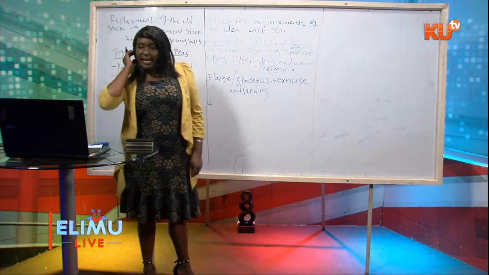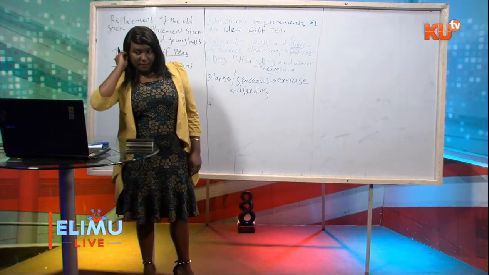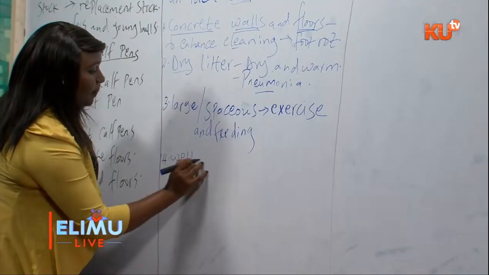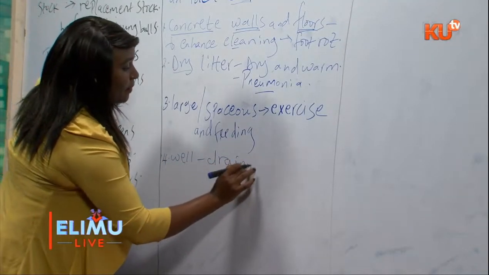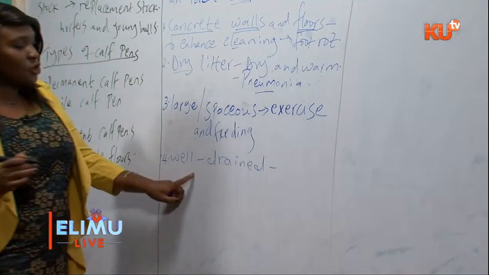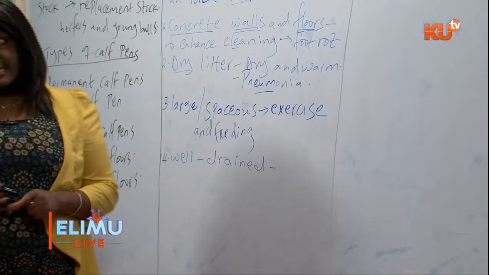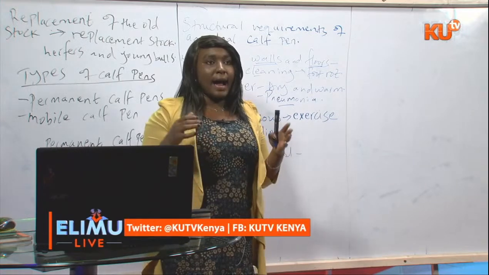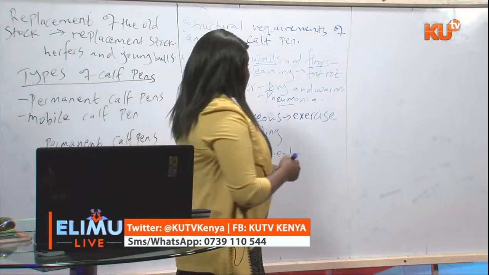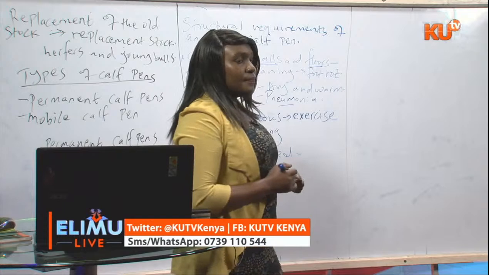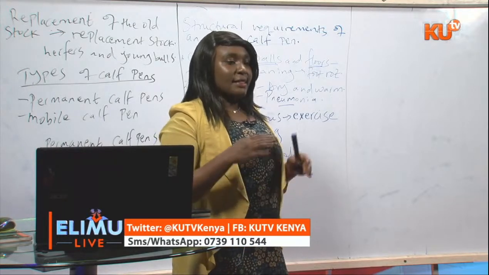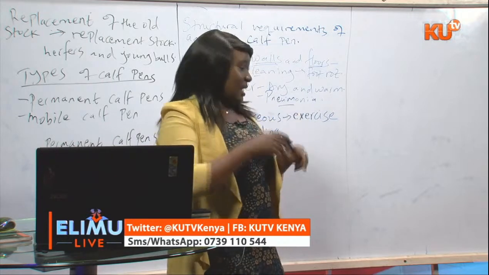We require an area that is well drained. The calf pen should be sited in an area that is well drained. Again, we don't want to allow damp conditions in the area. You are placing this calf pen on an area that is dry.